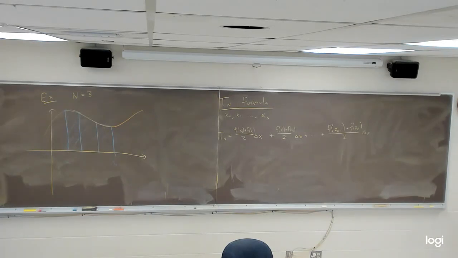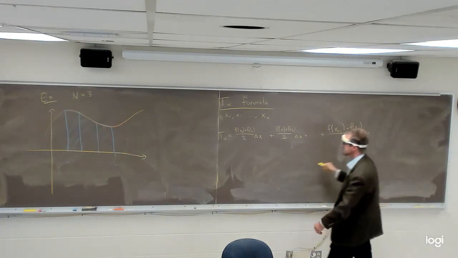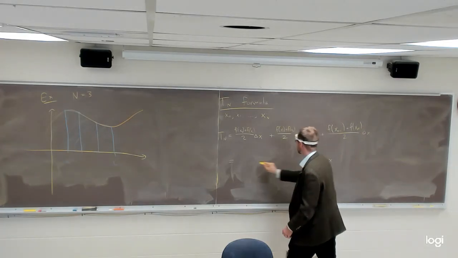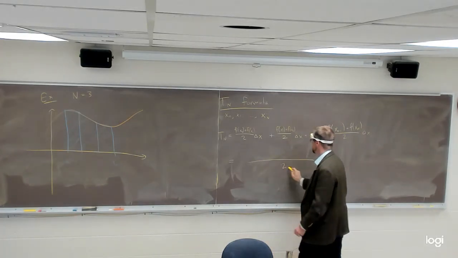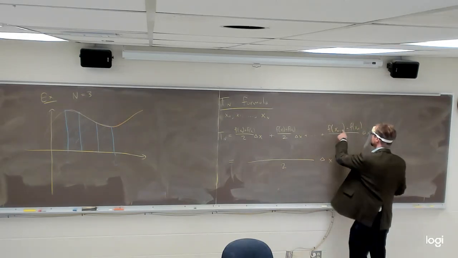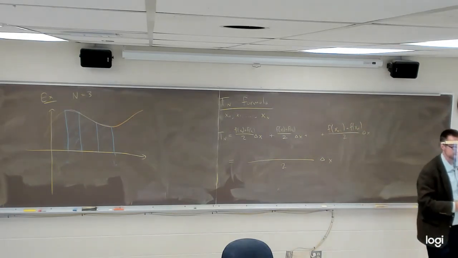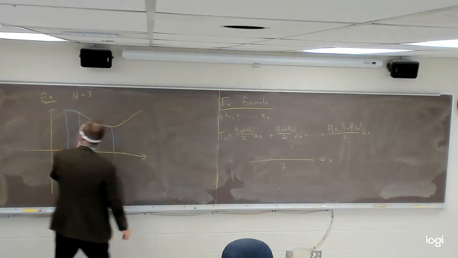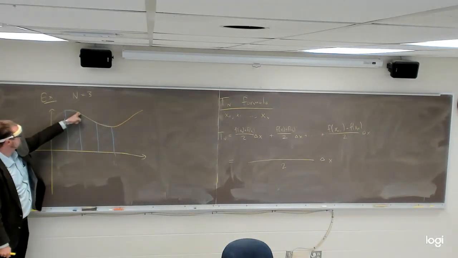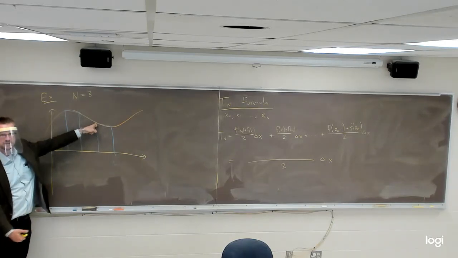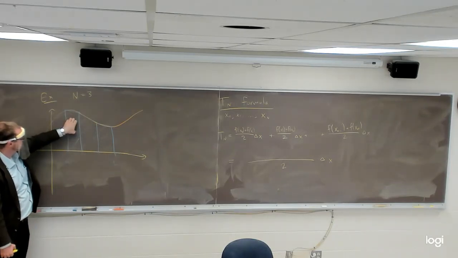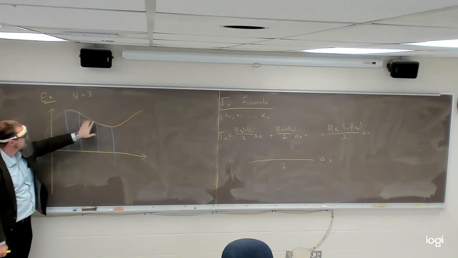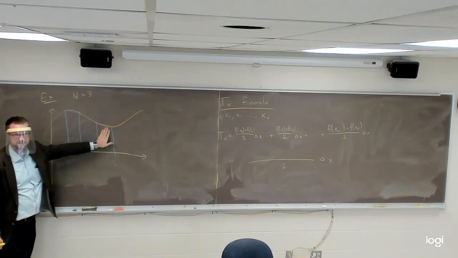Obviously, there's this common factor of delta x and everything can be written over 2. And then when I look at these f values, these y coordinates, most of them appear twice. x1 is the right endpoint of this interval and the left endpoint of this interval. So it's going to play a role in this trapezoid and in this trapezoid. f of x2 appears twice, once as this right endpoint, and once as this left endpoint.